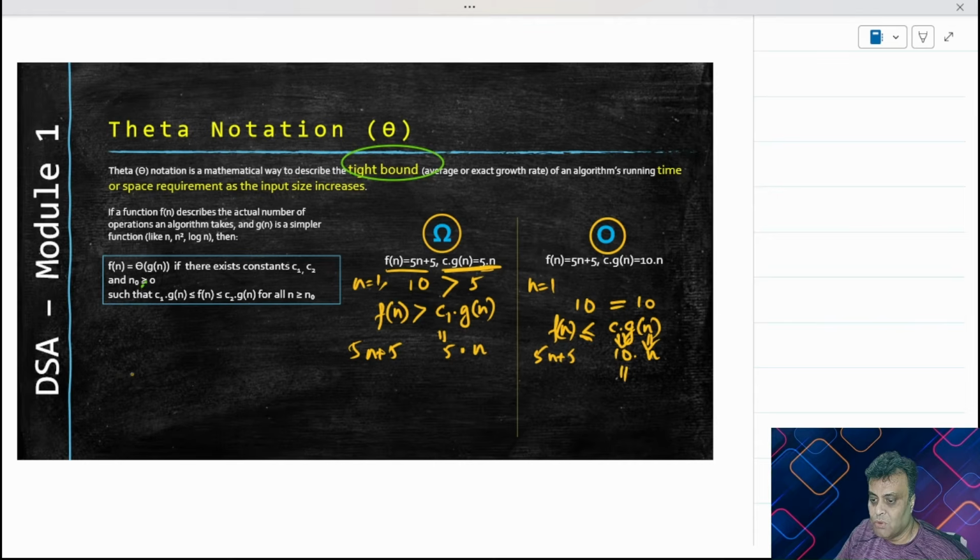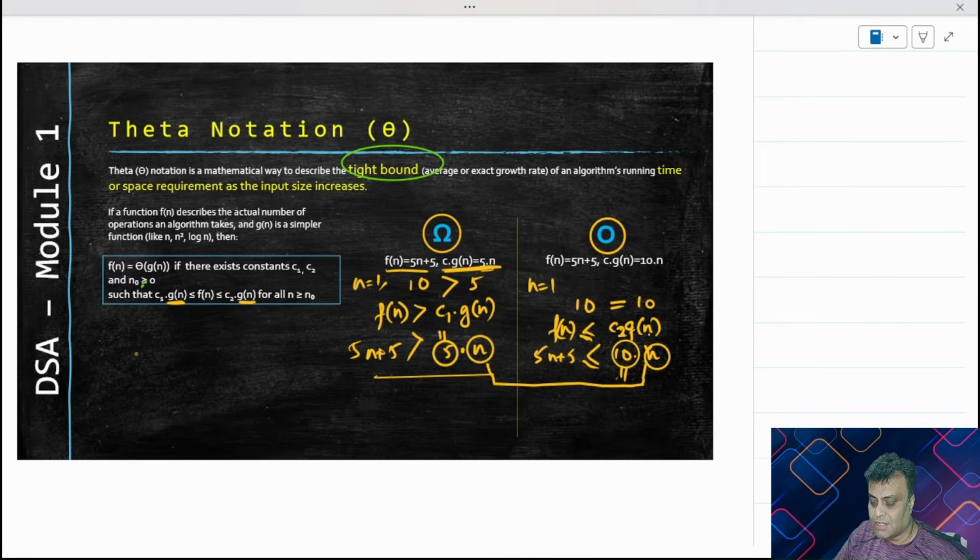So can we combine both and say, in fact, let us call this C2 Gn, right? So C2 is equal to 10, C1 is equal to 5, Gn is equal to n. So do we have a common Gn? Of course we have a common Gn. If we have a common Gn, then can I combine these two and say, because this was greater, this was less than or equal to, right?